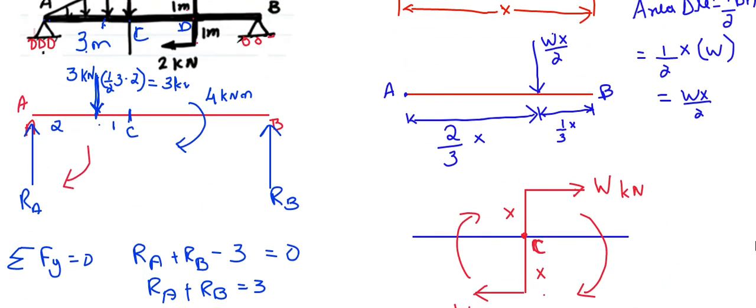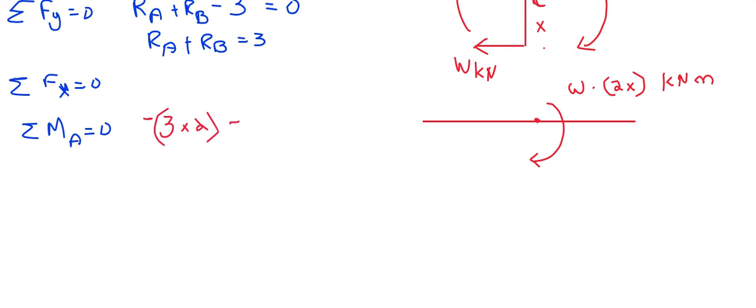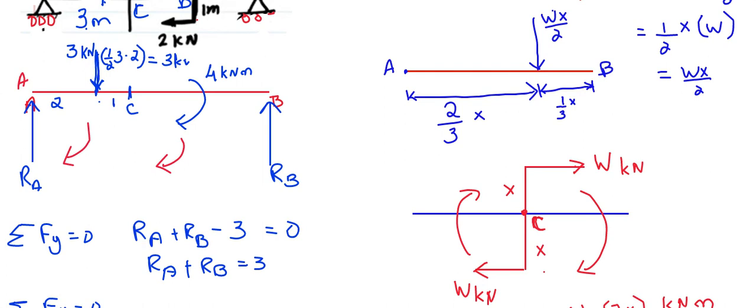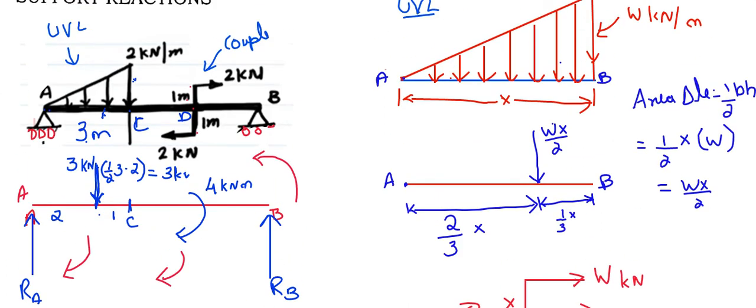Now the next one is 4 kilonewton meter, that is also causing clockwise rotation, and because it is already a moment, you don't have to multiply with the distance, so that is minus 4 kilonewton meter. And there is an RB which is making counterclockwise rotation about A, and the total distance is not given, so let's consider from C to D as 5 meters, and from here it is 3 meters.